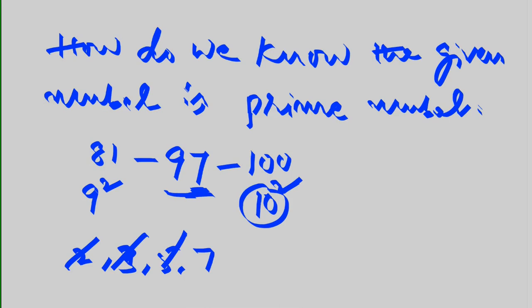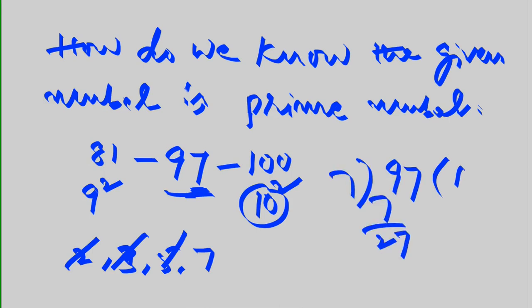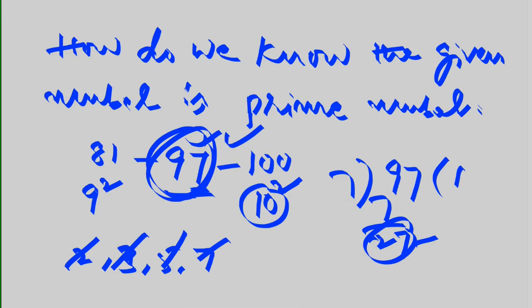For 7, 7 ones are 7, and 27; 7 threes are 21 and 7 fours are 28, so 97 is not divisible by 7 also. So that's the reason 97 is a prime number. In this way we can say whether the given number is a prime number or not.